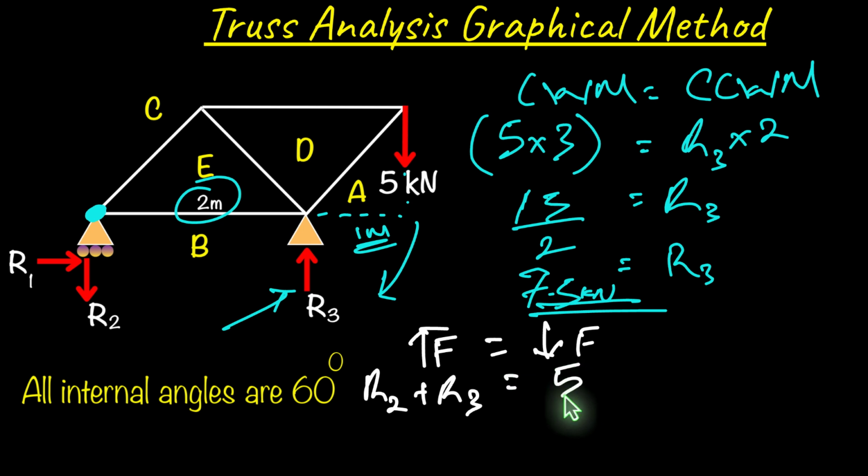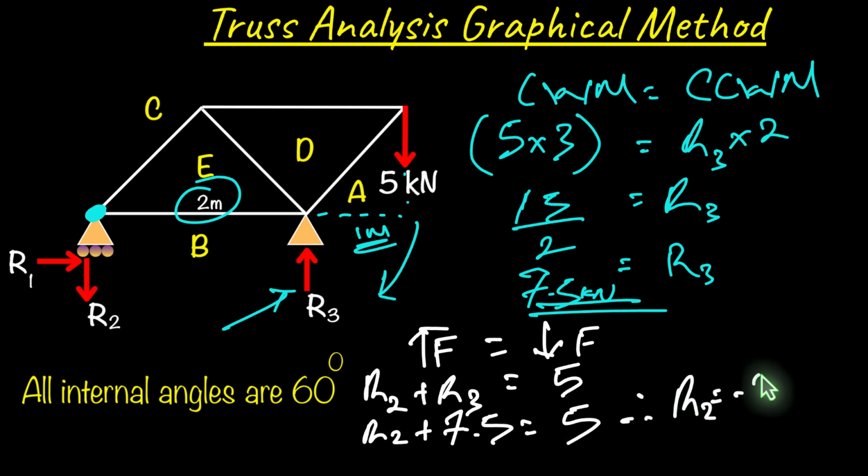And we've already calculated our R3 value, and we know R3 to be 7.5. So R2 plus 7.5 is equal to this 5 here. So what we're going to have left then for R2 is negative 2.5 kilonewtons.